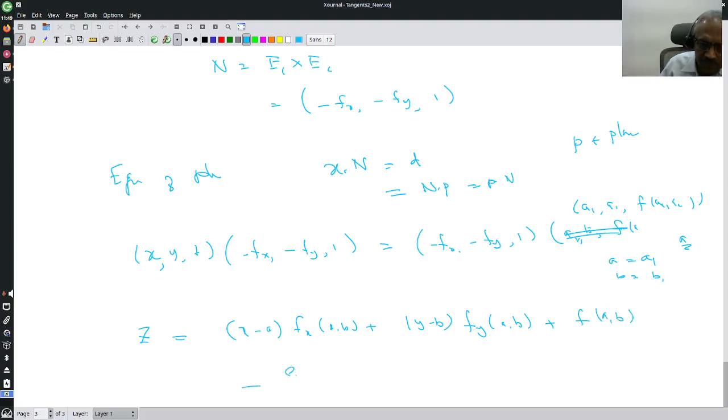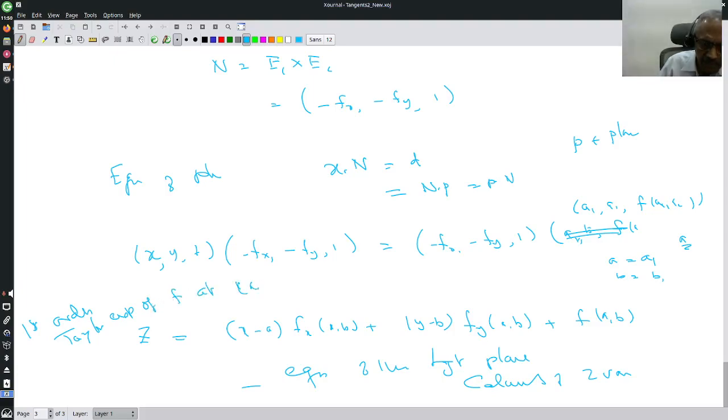This is the tangent plane. This is what you would see in calculus of two variables. And notice that this is a first order Taylor expansion at the point (a, b).